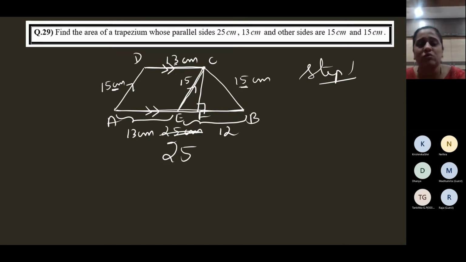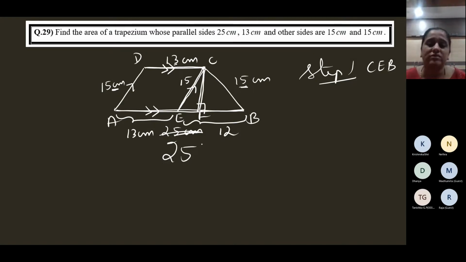Like that, you'll be able to find the length of CF.